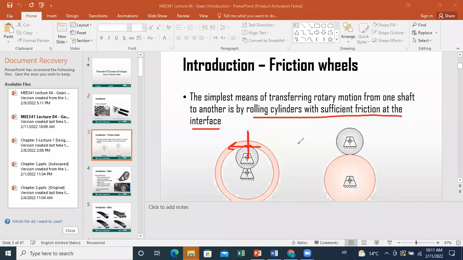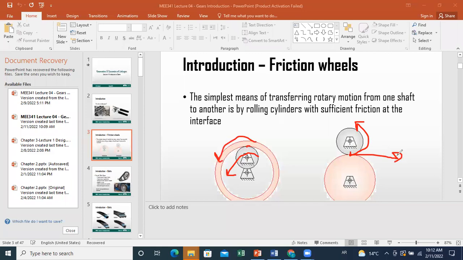And you have several configurations. As you can see, you can have internal contact or external contact. In case of internal contact here, both cylinders will rotate in same angular velocity direction. However, here you will have opposite angular velocities, because what will be common is the force transmitted.